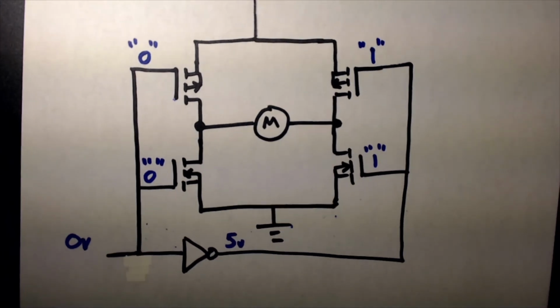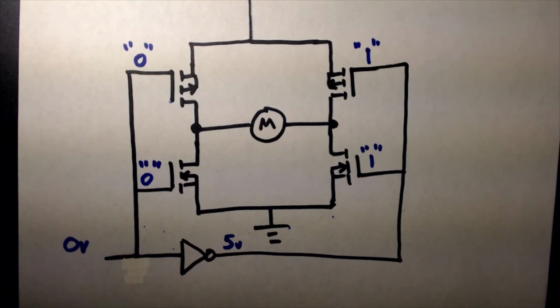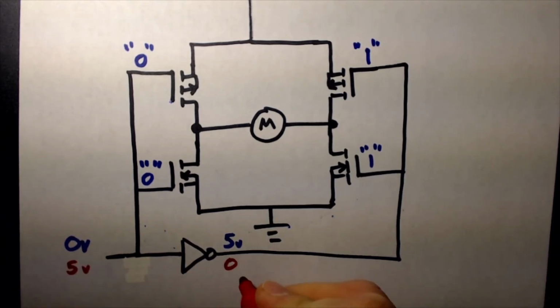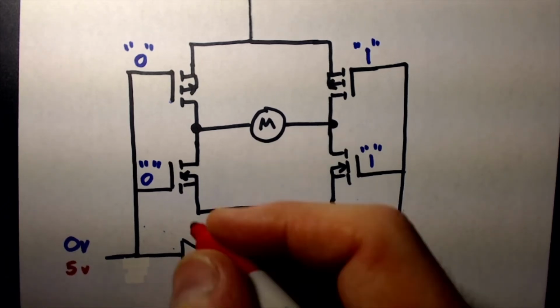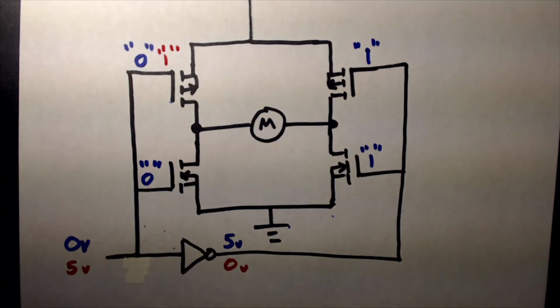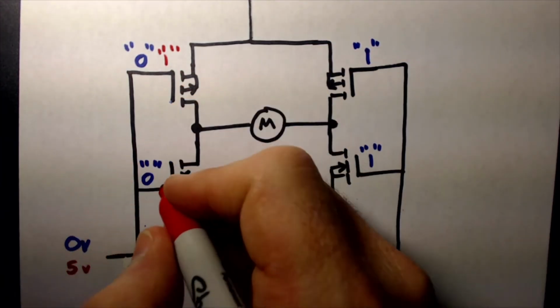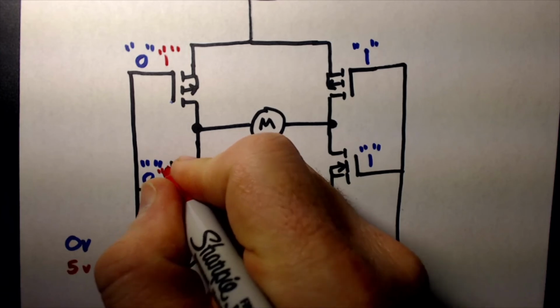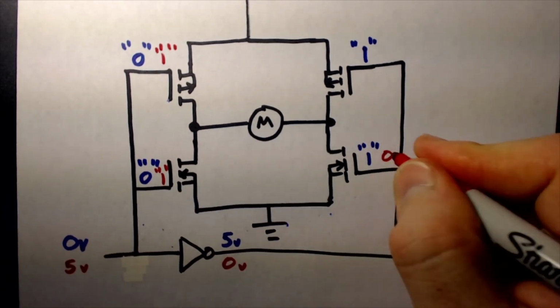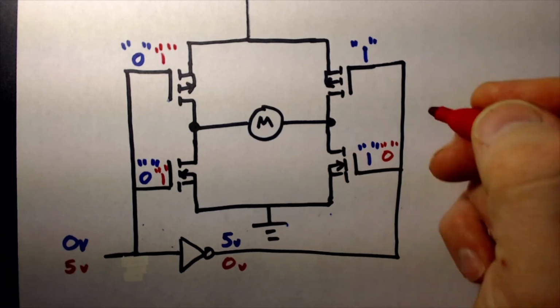And if I go ahead and flip this, if I make this 5 volts, I get 0 volts on the other side of this inverter. So now I get a logic level 1 on the left MOSFETs. And on the right, I get 0.